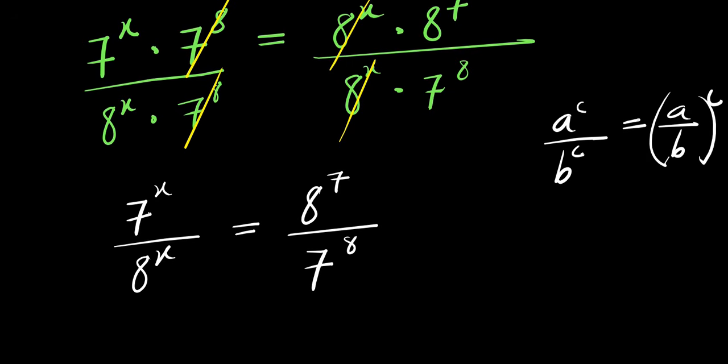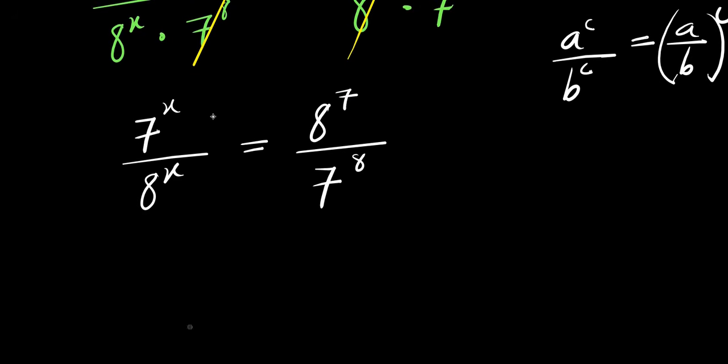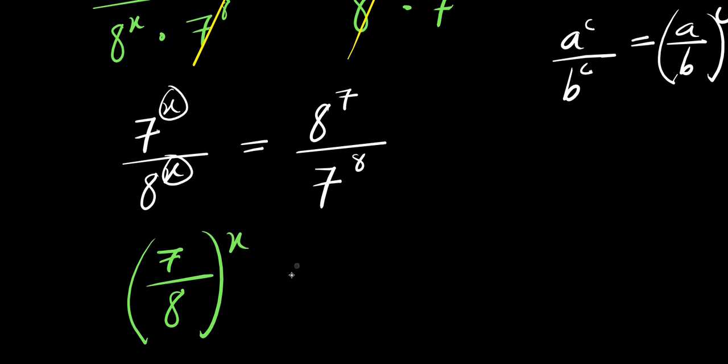So we can apply the same thing here. That means we take out this common variable, that is x. We have 7 divided by 8 all power x, and this equals 8 power 7 divided by 7 power 8.